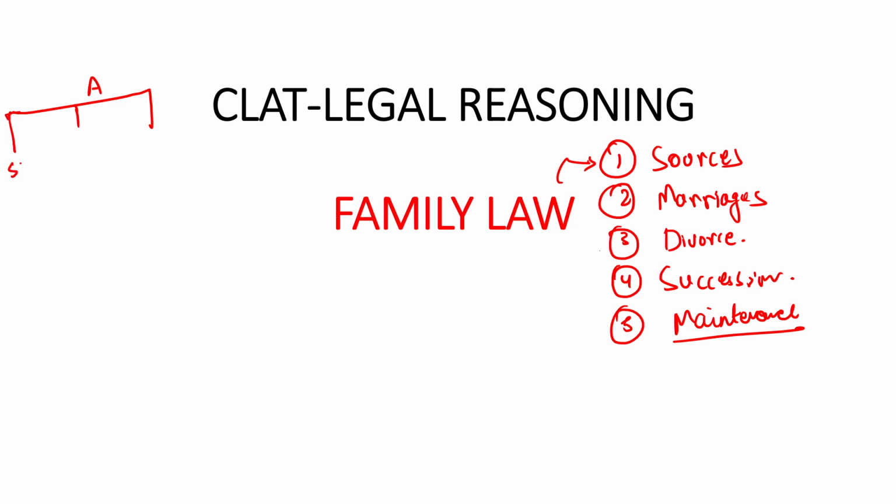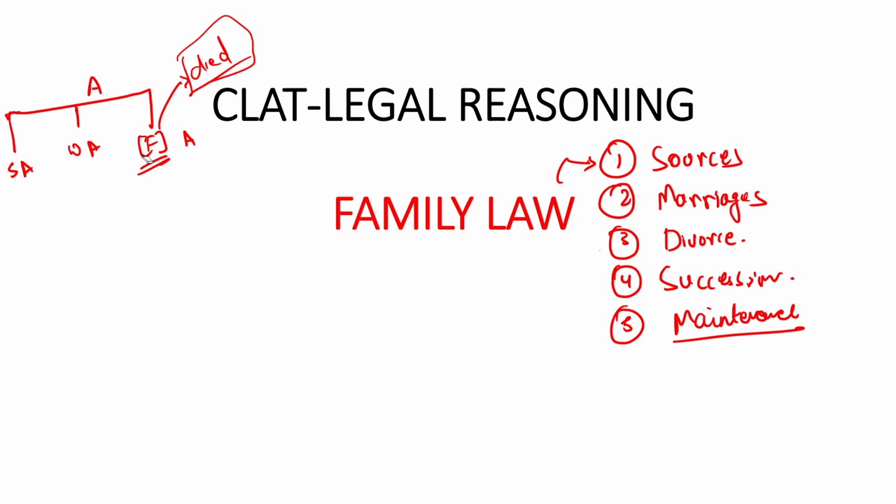First is the son of A, second is the wife of A, and the third being the father of A. So when we say father of A, and if you see this sign, what do you mean? It means that the father has died.